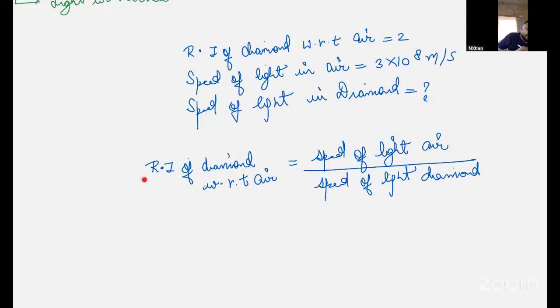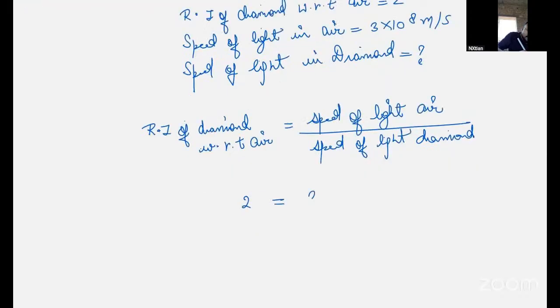The refractive index of diamond is 2, so I will put here 2 is equal to the speed of light in air, 3 into 10 to the power 8, and the speed of light in diamond, I will take it like this.